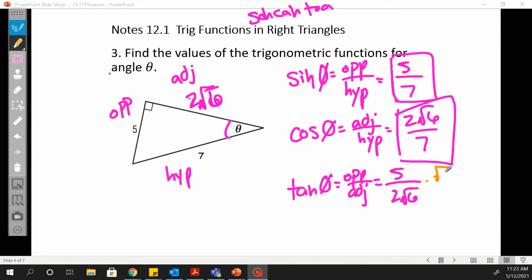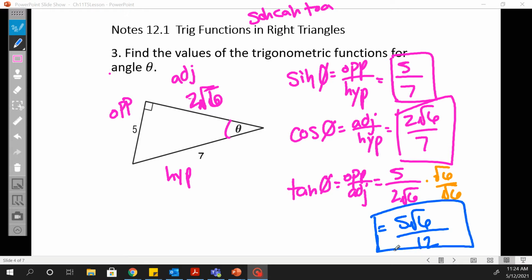So we'll get rid of that radical in the denominator by multiplying by square root 6 over square root 6. So that gives us in the numerator 5 square root 6. In the denominator it gives us 2 times 6, which is 12. So 5 root 6 over 12 is the tangent here.